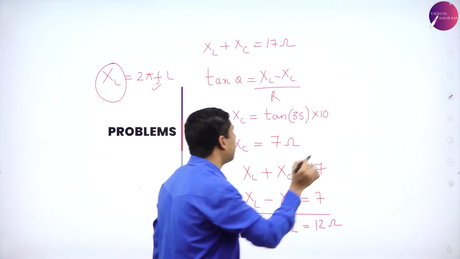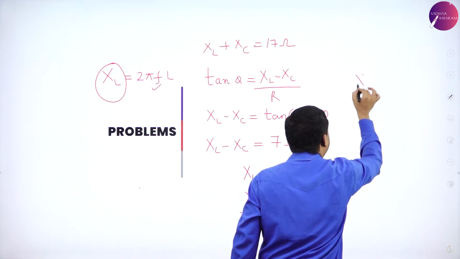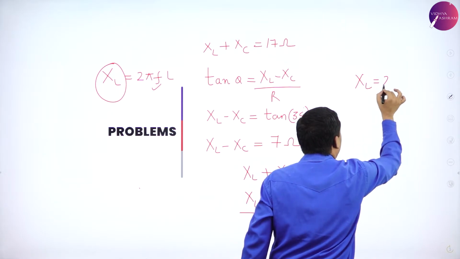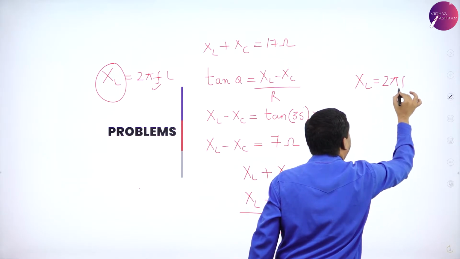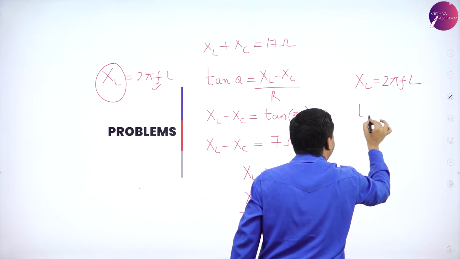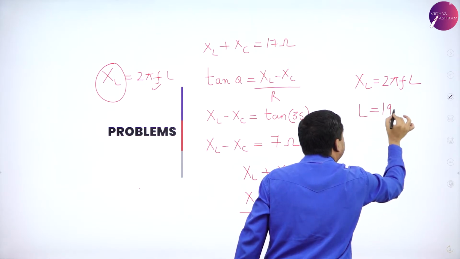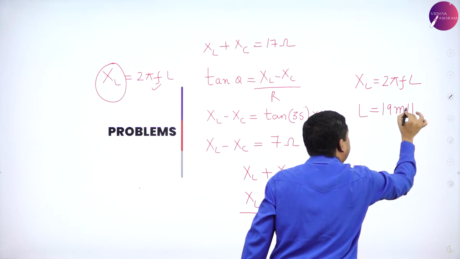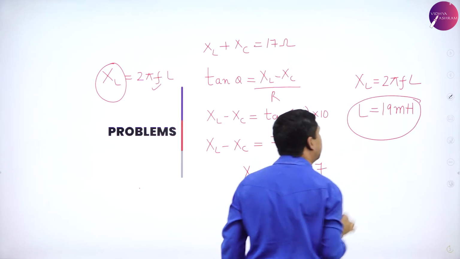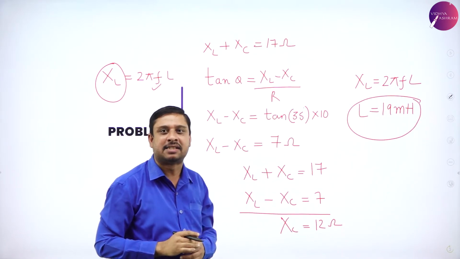Now I know XL is 2 pi F into L. Substituting here, L turns out to be 19 millihenries.